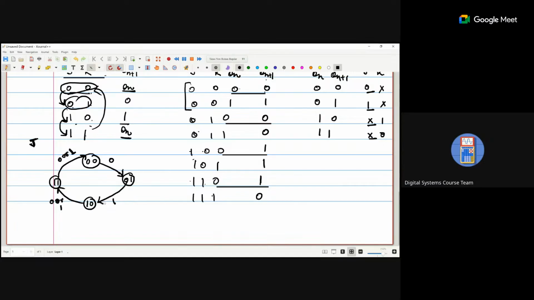So we basically create an FSM model of that. Sir, have you written that don't care condition in that case? Yeah, we see that the input condition is JK 0 0 to 0 1. So we are saying that four states are available: 0 0, 0 1, 1 0 and 1 1.